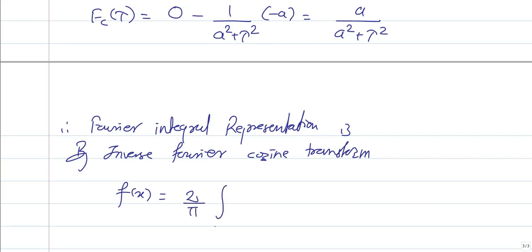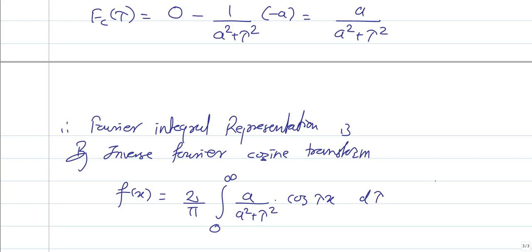2 upon pi integration from 0 to infinity, because we are finding the inverse Fourier cosine transform, into Fc of lambda, which is a upon a square plus lambda square, into cos of lambda times x d lambda.